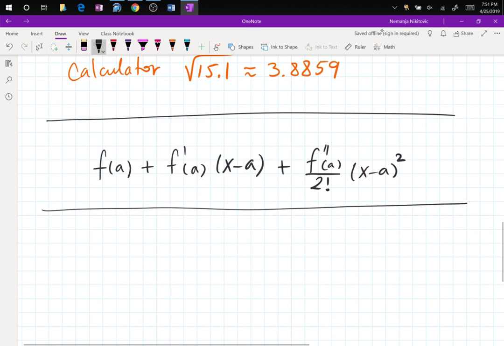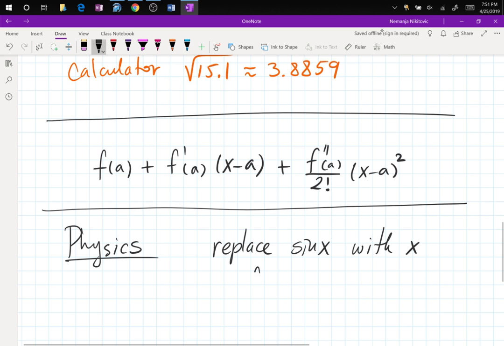Now, hello physics. How many times in physics have you heard, let's not compute this, let's just replace sine x with x for small angles? It's rooted in this. So when you take physics, they will say, replace sine x with x for small angles.